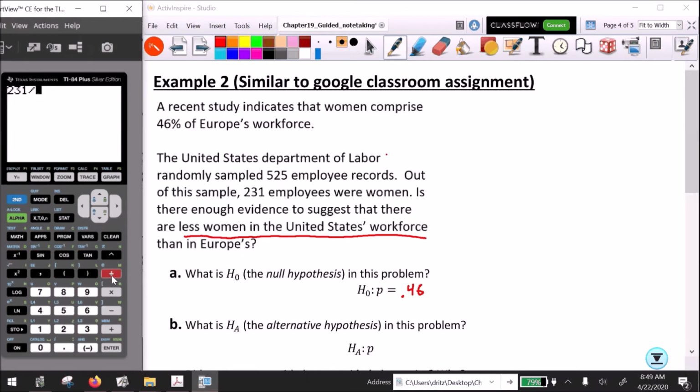So let's see, 231 over 525 is equal to 44%. So our p hat is 44%, which is smaller than 46%. So our alternative hypothesis is that the proportion of women in the United States workforce is less than that of Europe. We're exploring that possibility.